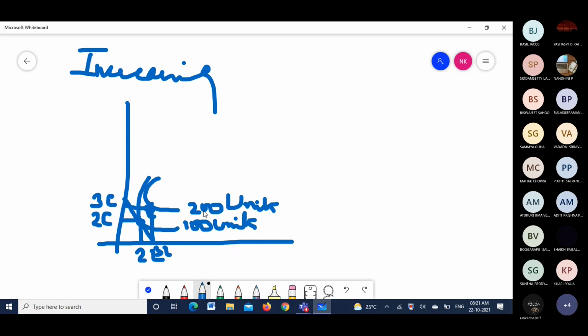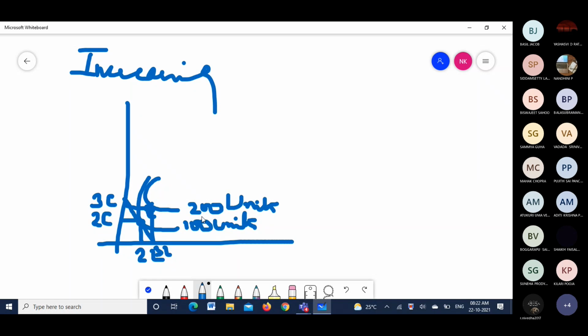So to produce the same 100 units, the excess of labor and capital that I'm using is only 1 unit of labor and 1 unit of capital, whereas at the initial point I was using 2 units of capital and 2 units of labor. But now I am using 1 unit of capital and 1 unit of labor to get the same 100 units. Which means that I'm using less of inputs to get the same amount of output.